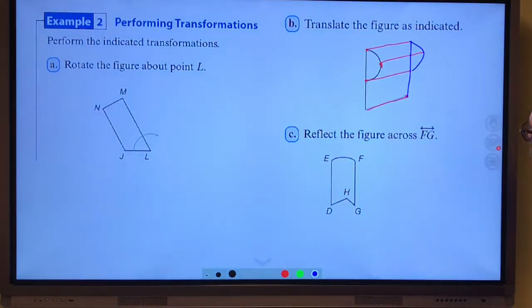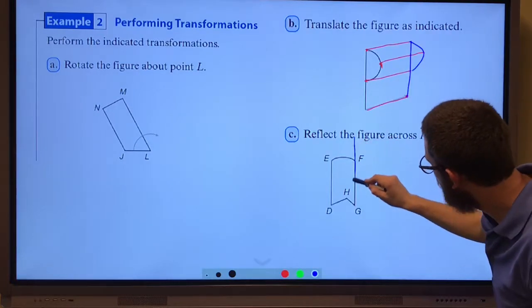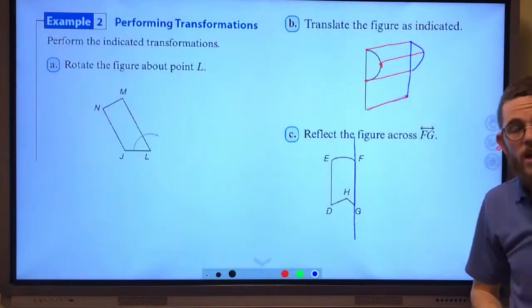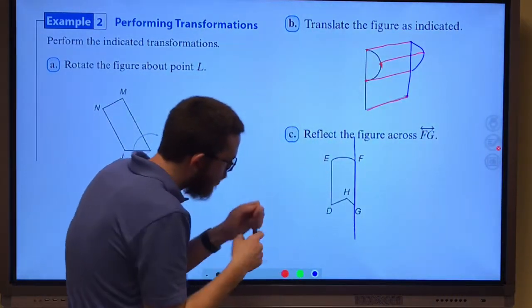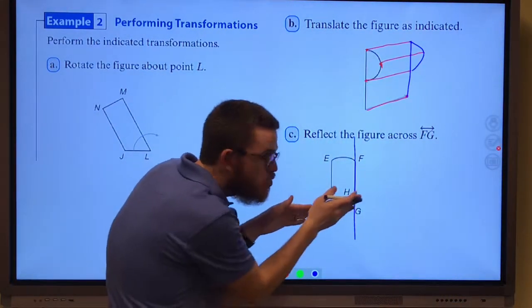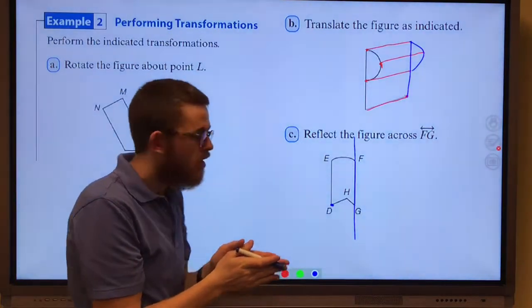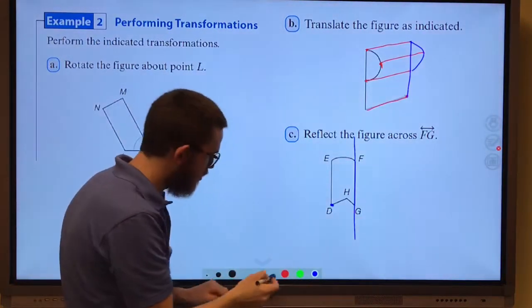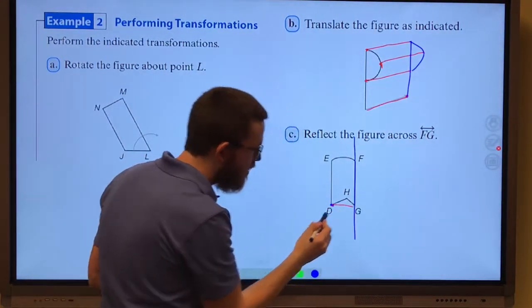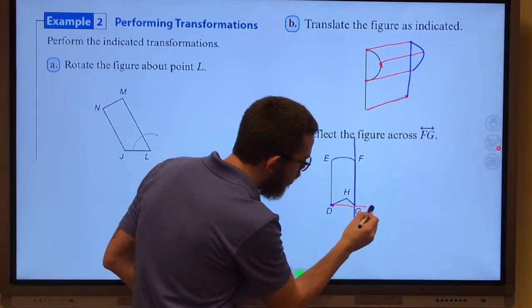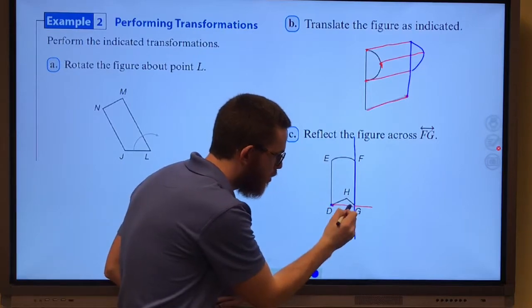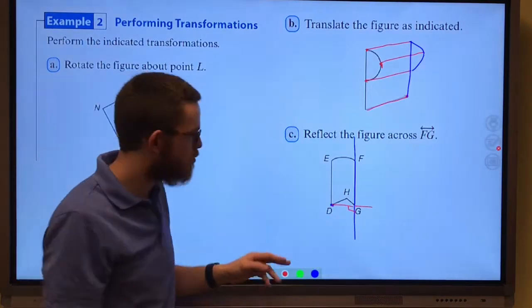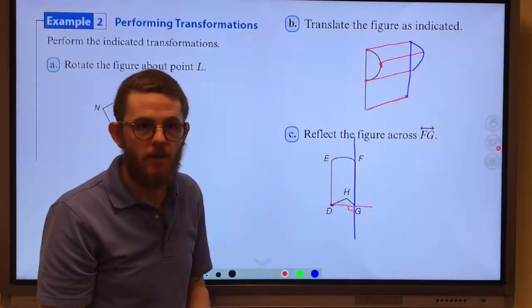Finally, we want to reflect a figure across FG. There's the line FG. The idea with a reflection is we find the distance from a point like D to the line of reflection, the perpendicular distance to the line of reflection, and then we find that same distance away from the line of reflection. So if this was 3 inches perpendicular to the line of reflection, we're going to go 3 inches away.